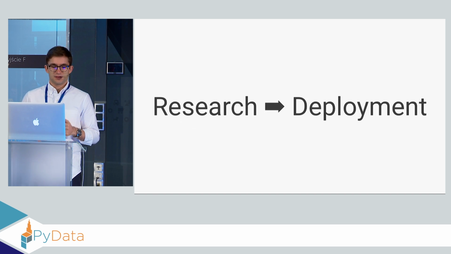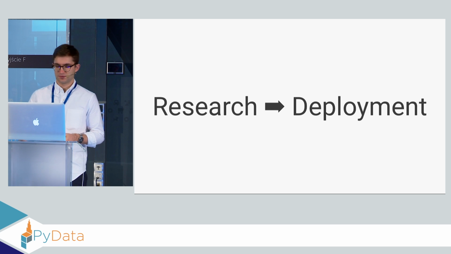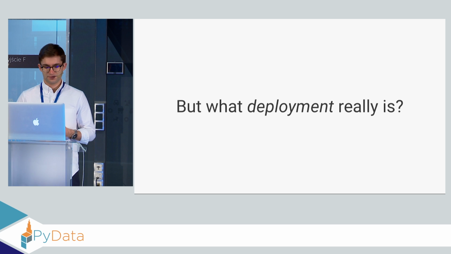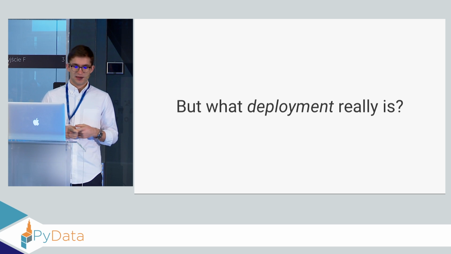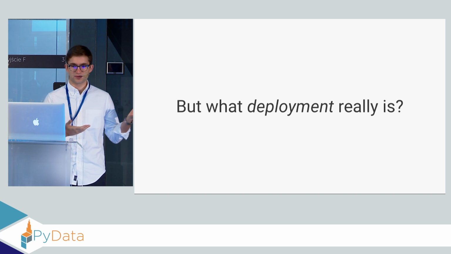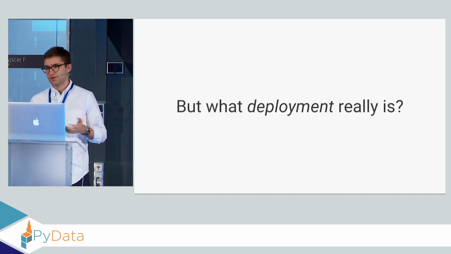Yeah, and the really important part that we've been emphasizing in 1.0 was the path from research to deployment. But I think it's important to clarify what deployment is. The API that I showed you is really close to NumPy, and that's something many people are familiar with.